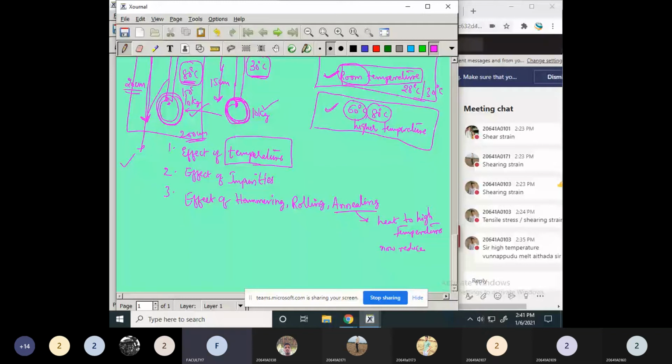That process is known as annealing. You are heating the substance to high temperatures. After heating, you slowly reduce the temperature, or else you try to cool slowly. So that process is known as annealing.